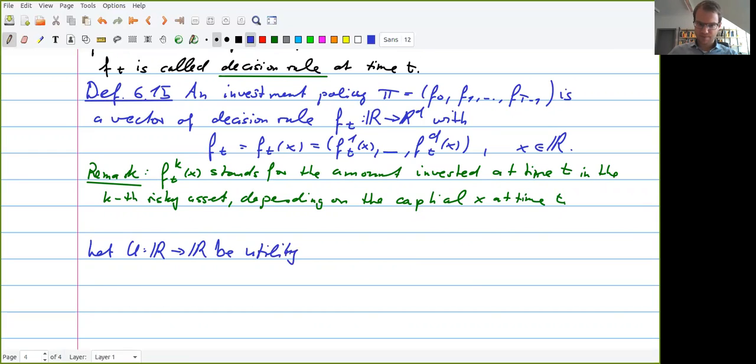And what we learned, what we want to do is assume that it's bounded from above. So now, just to recall, it's a given initial capital.